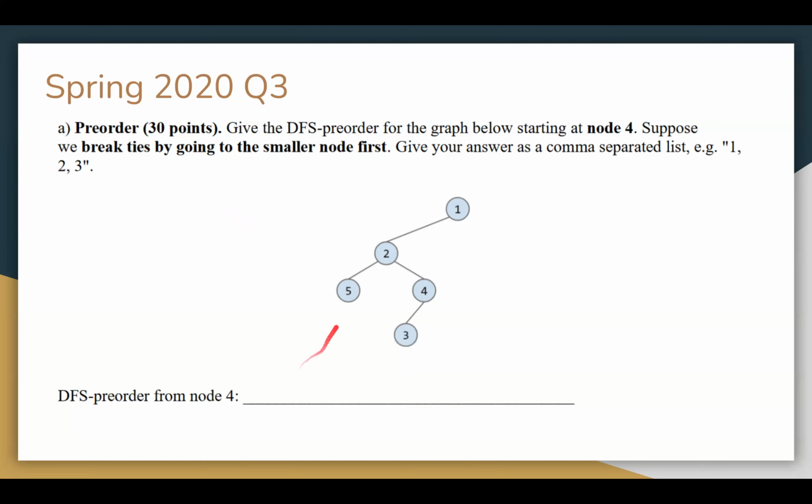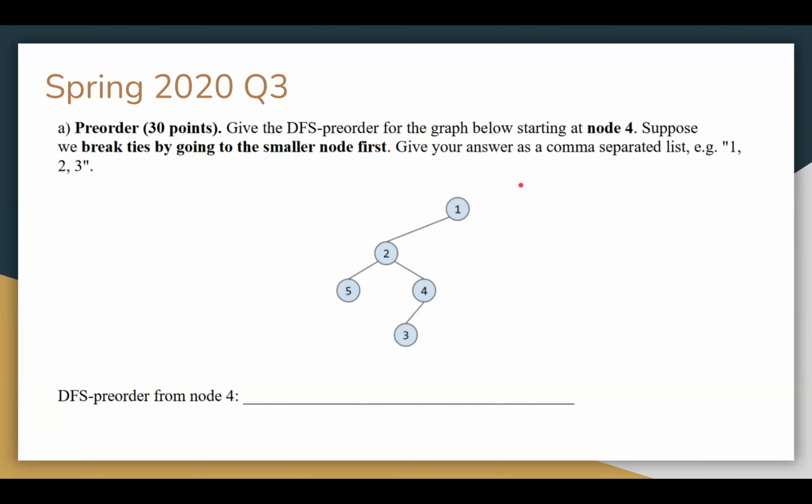So we output 4, and then we go to its smallest neighbor, which is 2, and we immediately output 2. And after that, we go to 1 because 1 is 2's smallest neighbor. So we go to 1 and then we add 1 to our output.